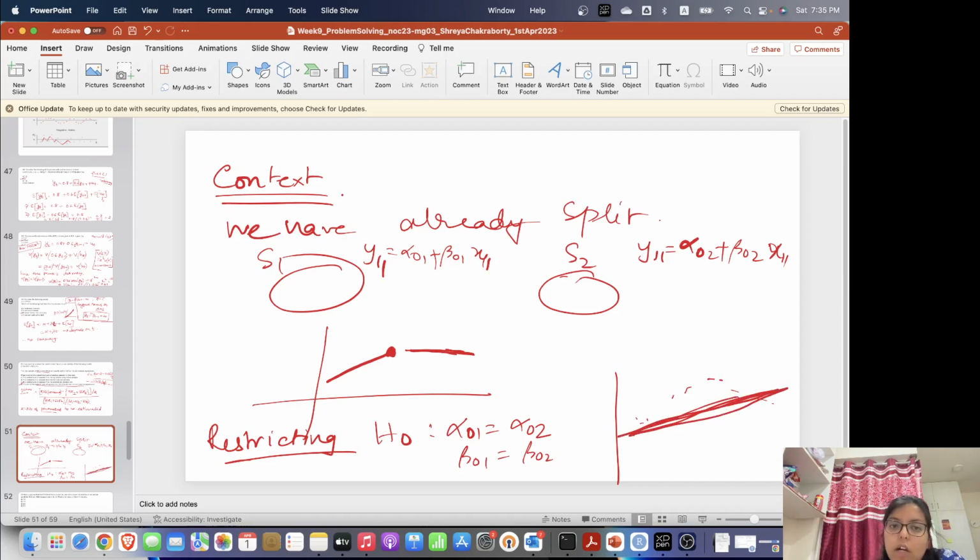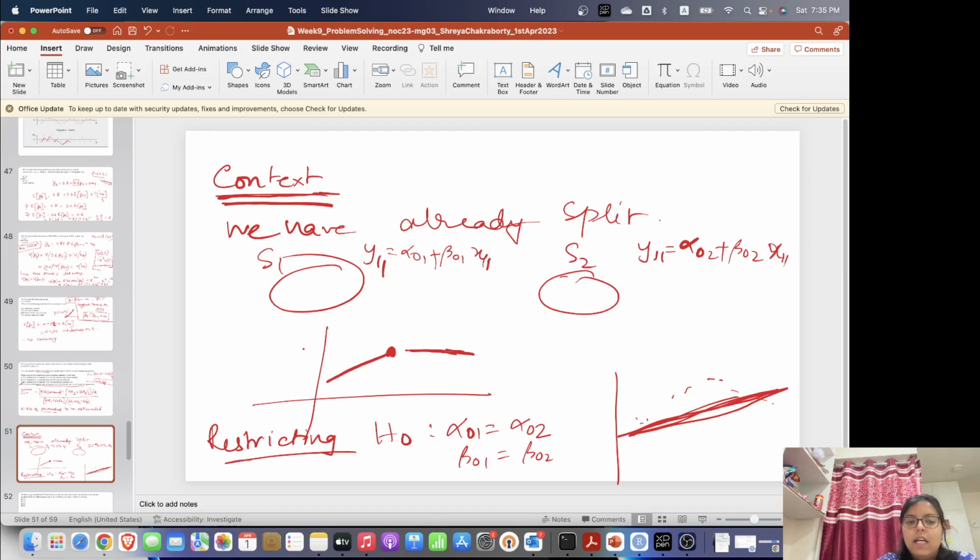Okay, so the context is that when we do not have any restrictions, we are fitting two models separately. Under restriction, we are fitting one model. So that is why the unrestricted sum of squares will be the sum of squares of errors when we are fitting these regressions in parts.